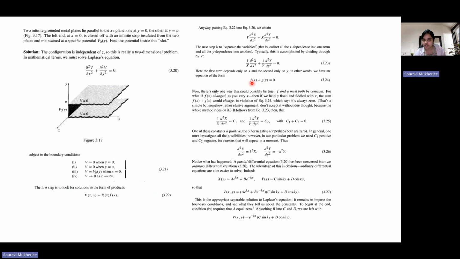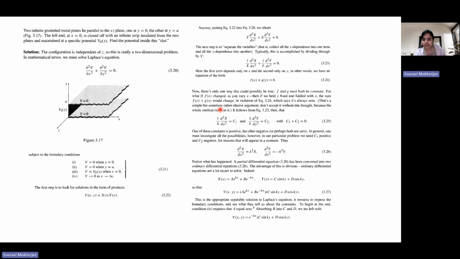Because if one was some random function of x, and the other some random function of y, then if you keep one constant and vary the other, the equality to 0 will not be maintained. So for this relation to always hold for all values of x and y, these two have to be constants, and the constants should be related to each other.